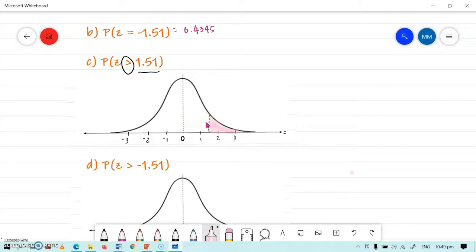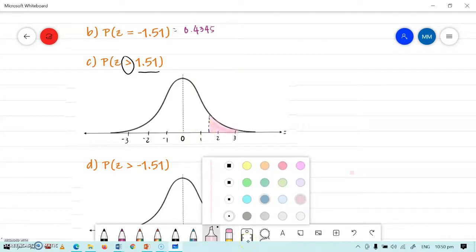So when we locate the area under the curve where z is equal to 1.51, then what we are looking for is the area from 0 to 1.51. And let's highlight that with yellow.